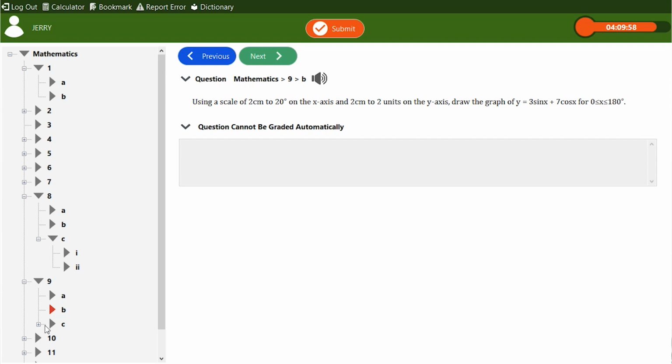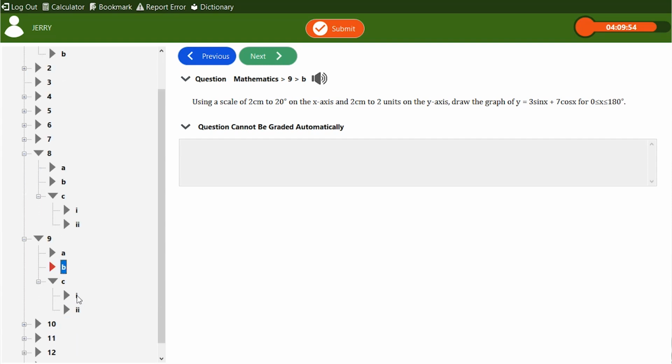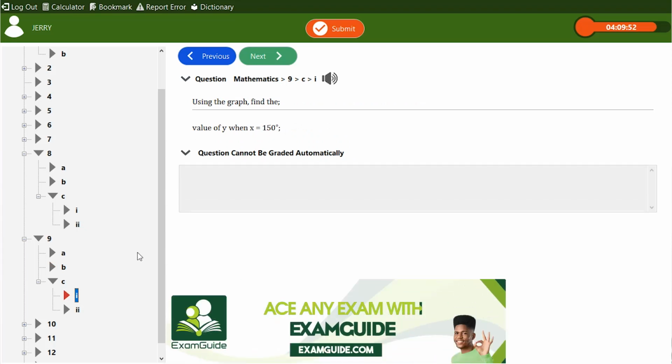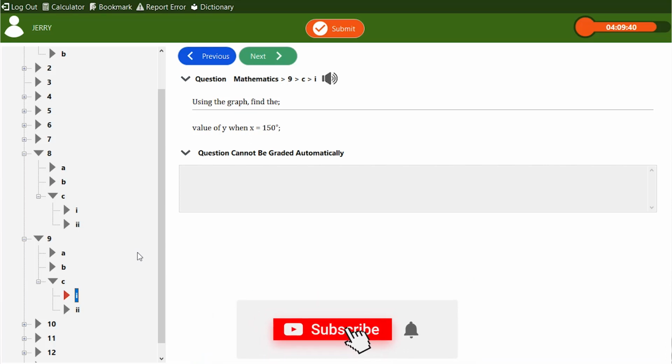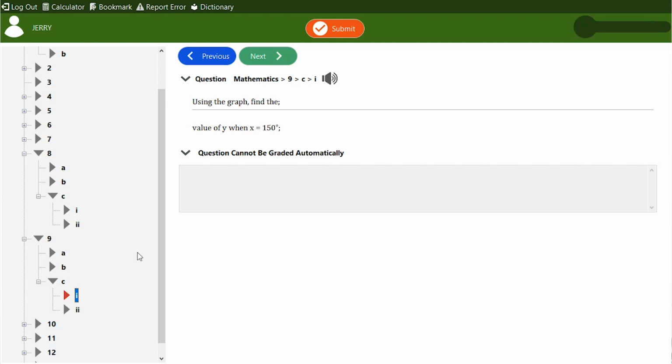Let us look into other sub-questions on it. Now, using the graph, find the value of y when x is 150 degree. Now we are interested in the division of x-axis. We only did division of what? Y-axis. Okay, how do you do that?